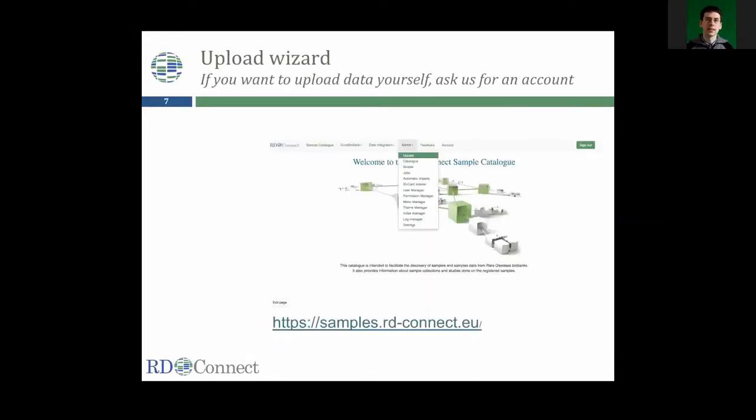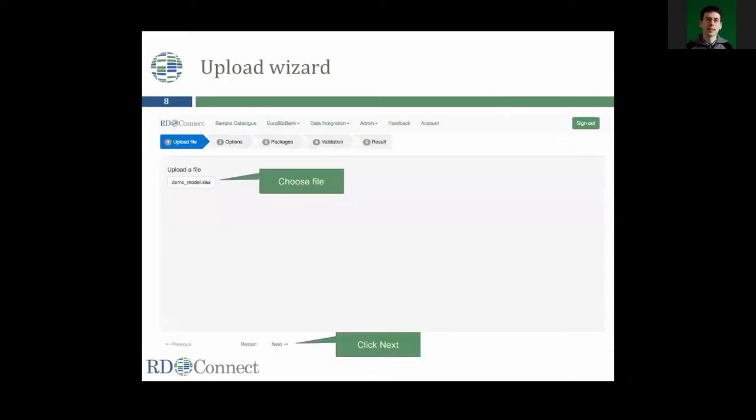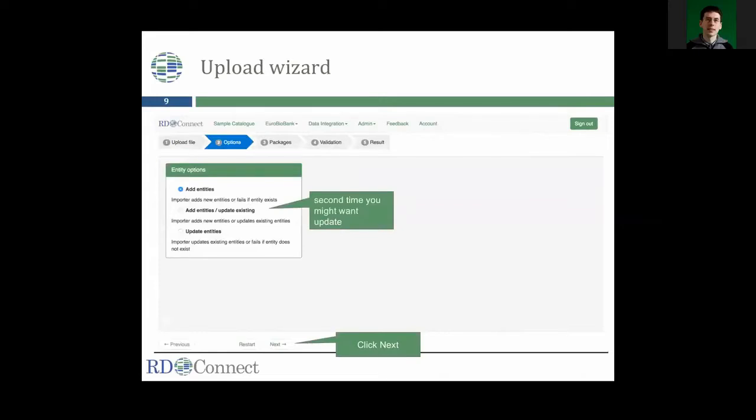Then in the catalog, if you are administrator for a biobank, you can use the admin menu upload to upload the data. You select your prepared file and click on next. The first time, the upload will add the entities.